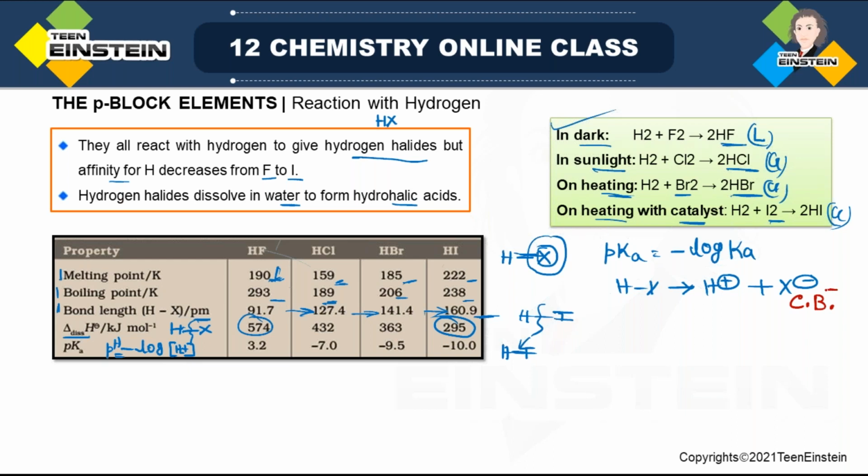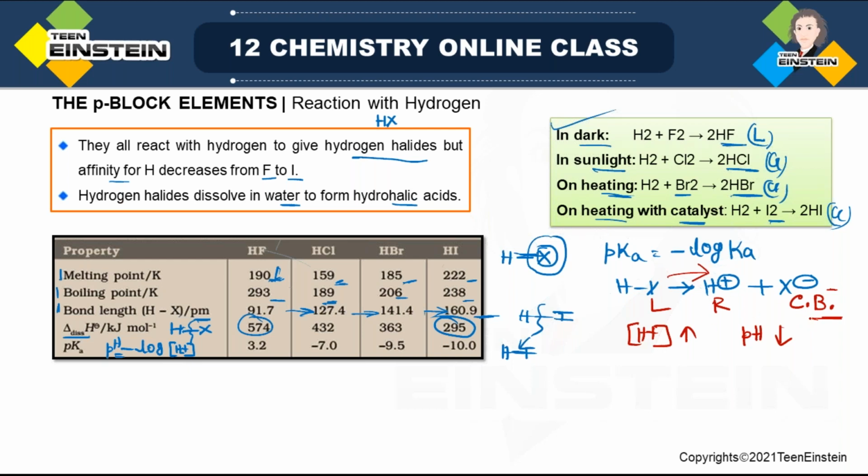When X minus is very stable, what happens? The equilibrium will easily shift from left to right. And easily shifted means the concentration of H plus will increase. That means acidity will be high. So when H plus increases, pH will decrease, because pH and H plus are inversely related. And a decrease in pH means acidity is increased. So when the conjugate base is very stable, the equilibrium will shift towards this side.